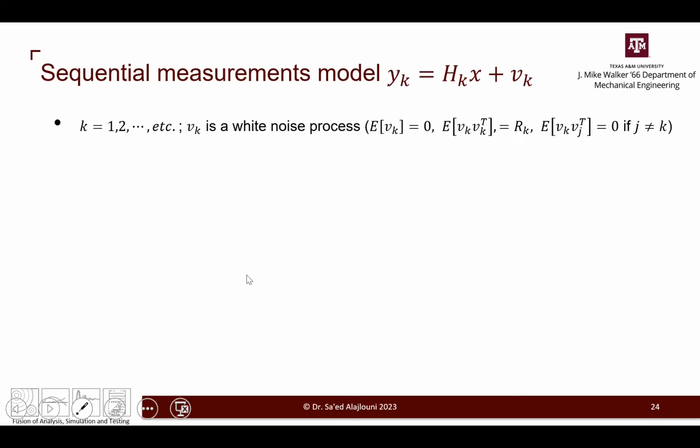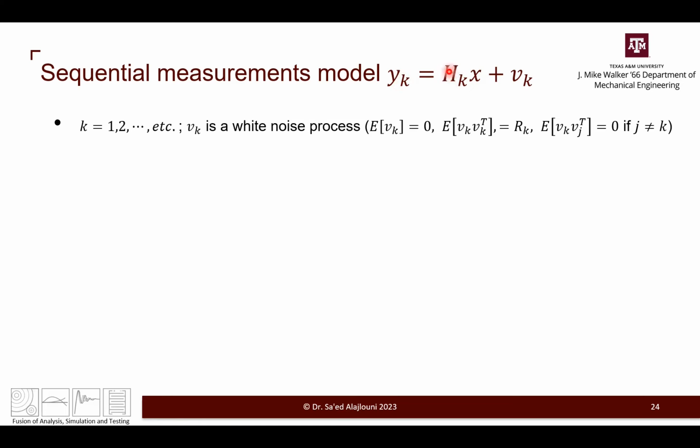So now assume we have the same measurement model, except now I'm using a subscript k. So here x is still a constant. It could be a scalar, it could be a vector in this case, still a constant. And here y is our measurements, but now they come in as samples in time, and that's why the index k.